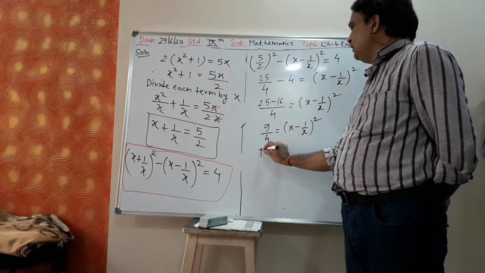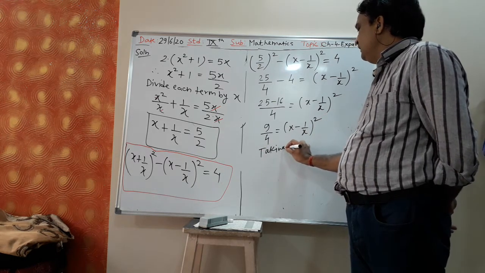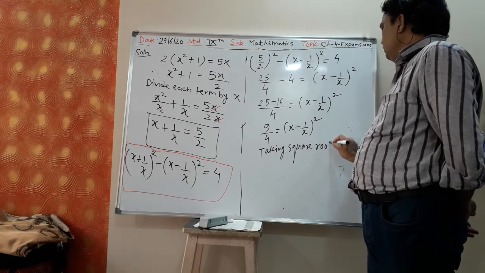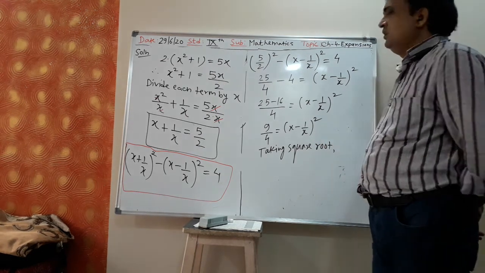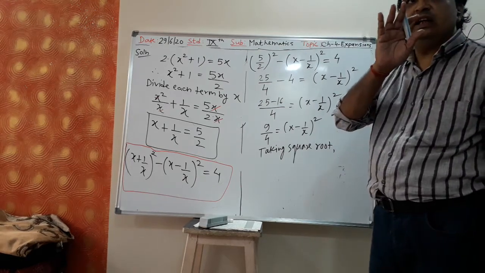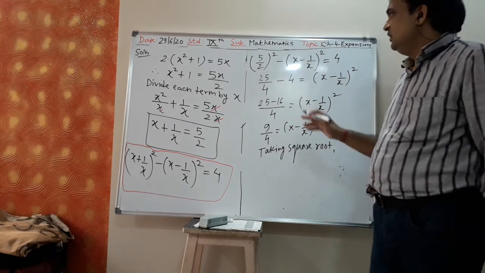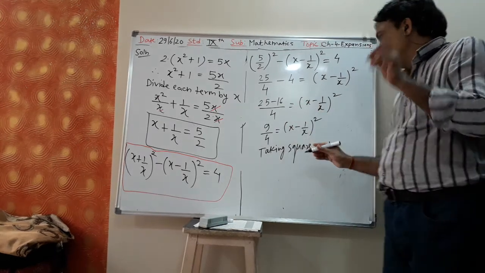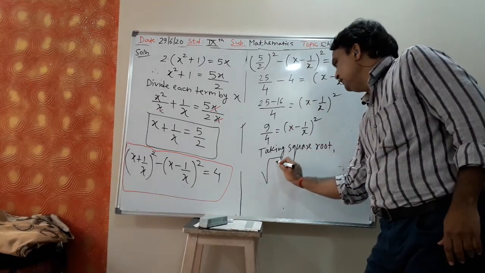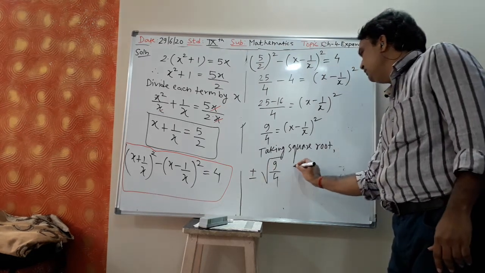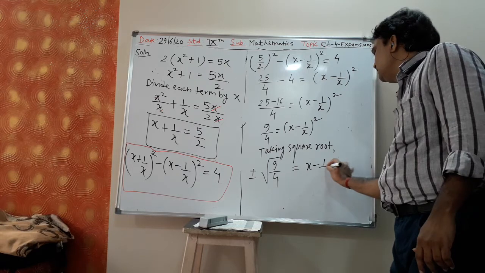So taking square root on both sides, it will be plus minus because it is not given that x is greater than 0 in this question. We write plus minus square root of 9 by 4 is x minus 1 upon x.